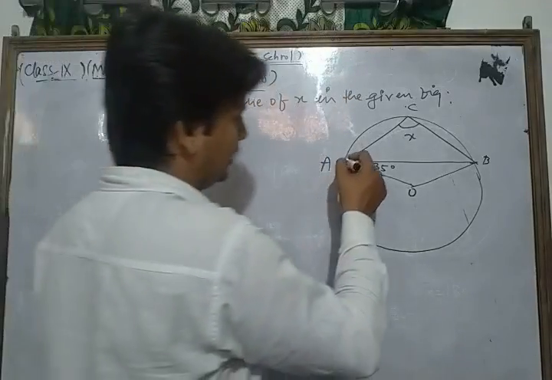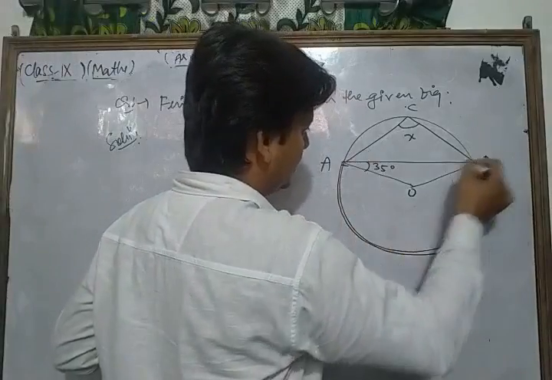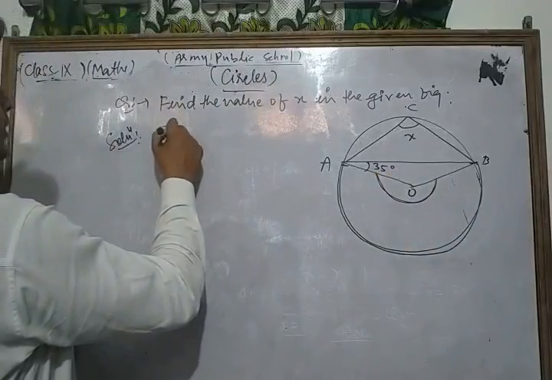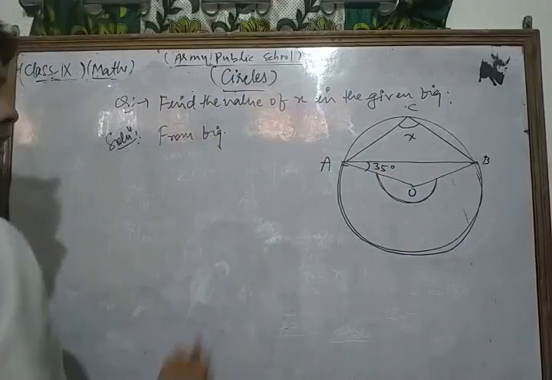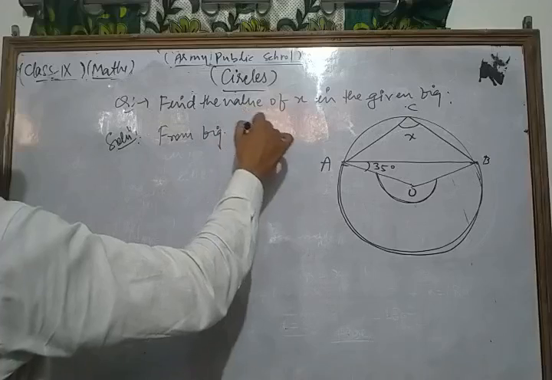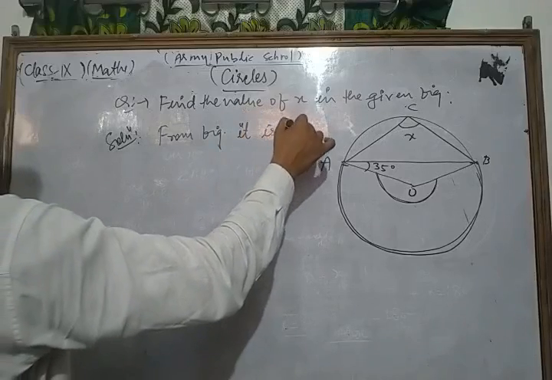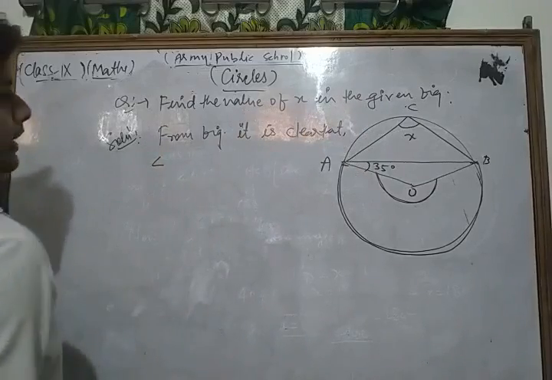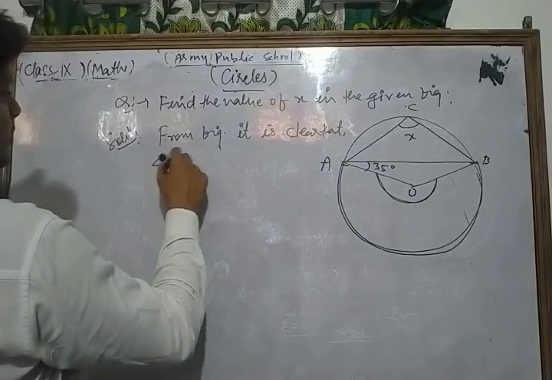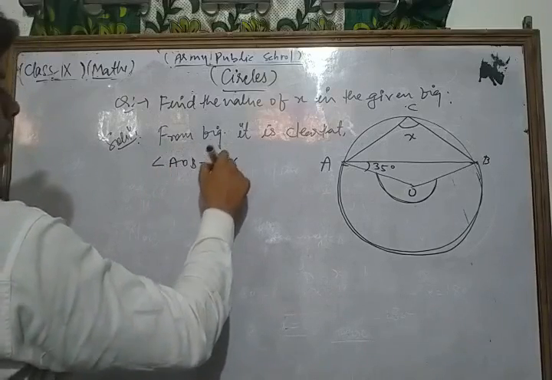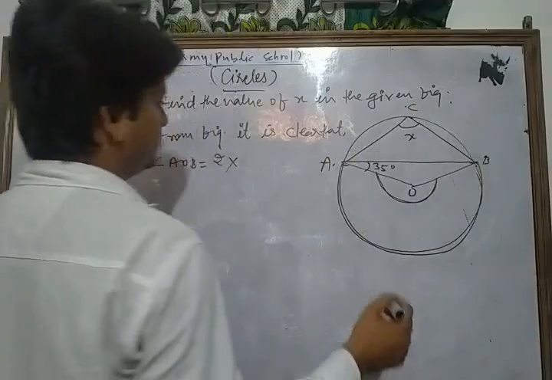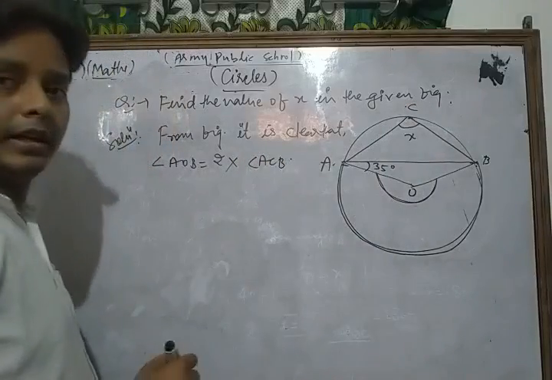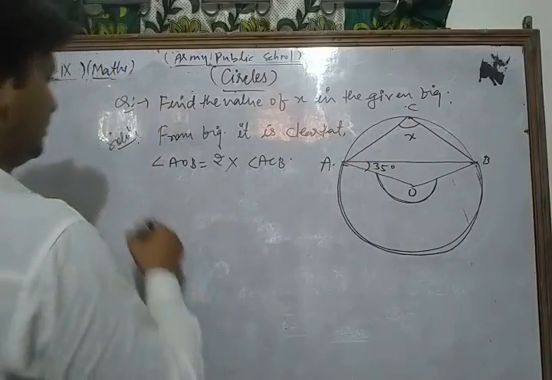So from the figure it is clear that angle AOB is 2 times angle ACB, and angle ACB is X.